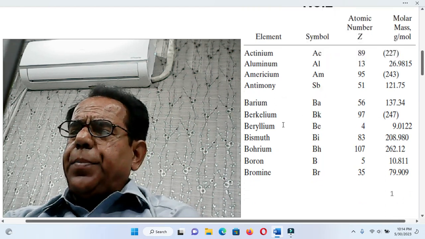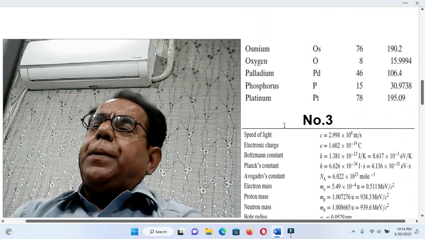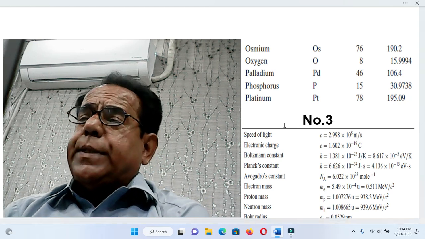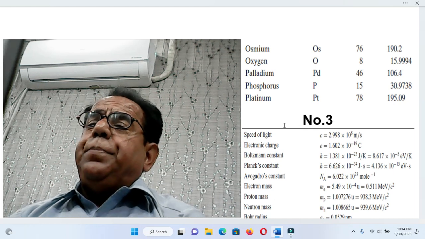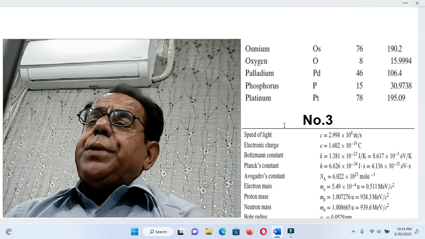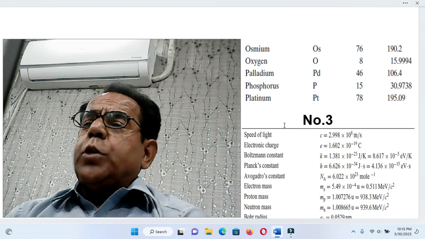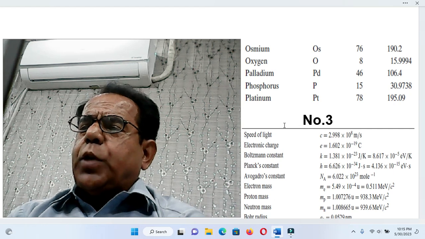See the third part of this table. The third snapshot of this table deals with those elements which begin from the alphabet O and P: osmium, oxygen, palladium, phosphorus, platinum.